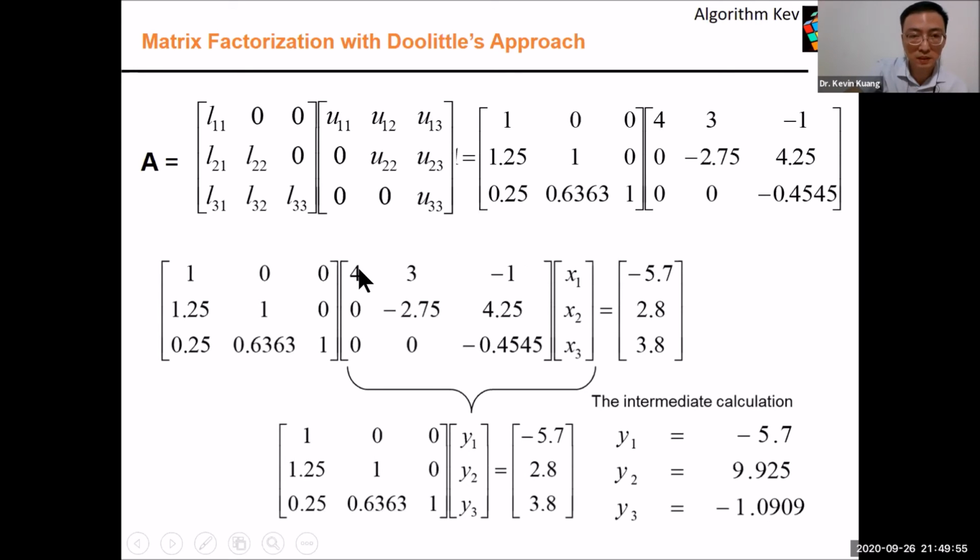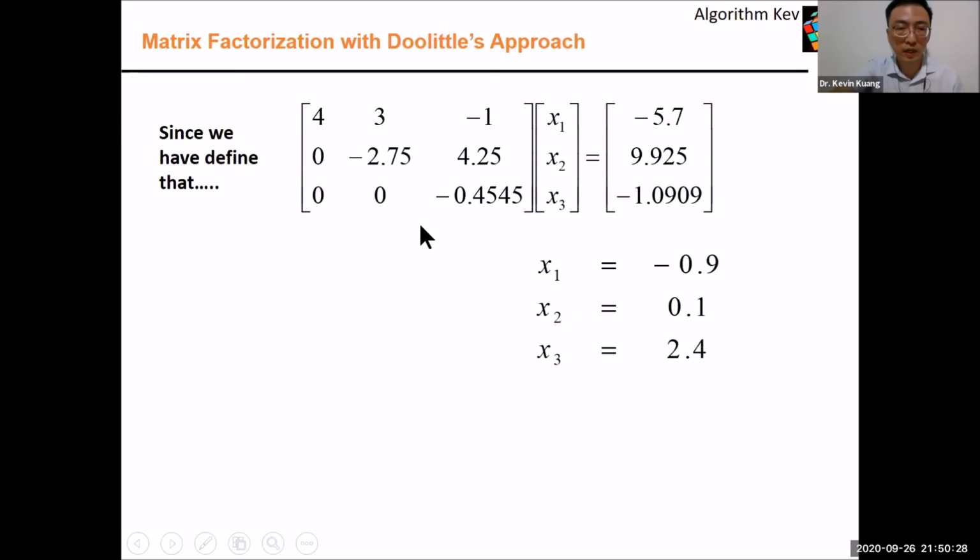So representing this as the Y vector, the unknown values of Y1, Y2, and Y3 can be obtained. First by knowing the values of Y1, which is minus 5.7, and then doing a forward substitution, we can obtain Y2 and then Y3. And again, this is not our final solution. This is simply the solution for Y1, Y2, Y3.